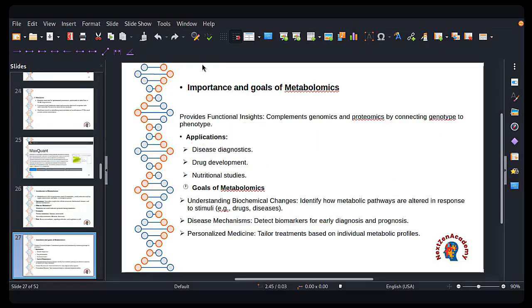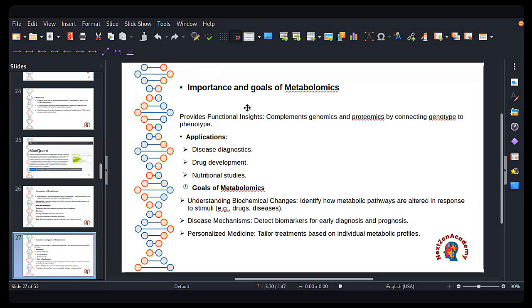Now move to the next. So, what are the importance and goals of metabolomics? It provides functional insight, complements genomics and proteomics by connecting genotype to phenotype. Applications are the same: disease diagnostics. See, from the very first lecture, the applications are the same.